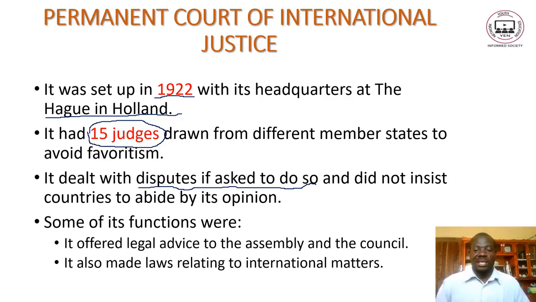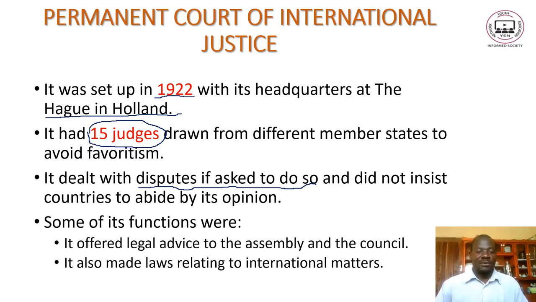It was like an independent court, whereby it was only acting on the issues that had been brought to it. For example, even today, the International Court of the United Nations does the same. It deals with issues that are brought to it, and it cannot interfere on issues that are happening in the countries. Unless those issues are brought to it, then it acts and passes decisions.